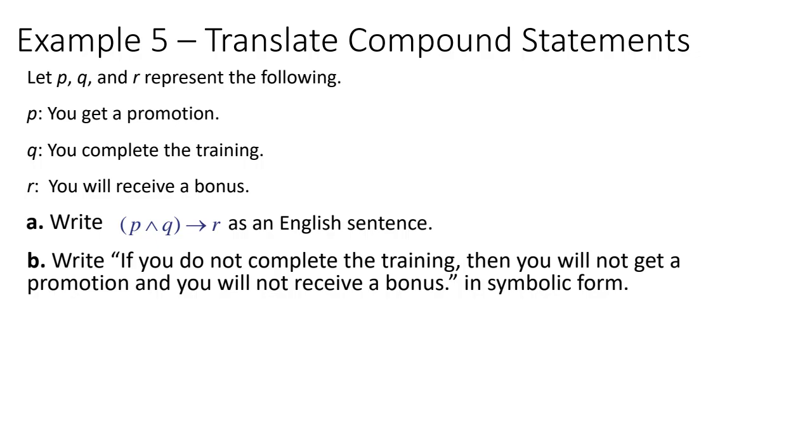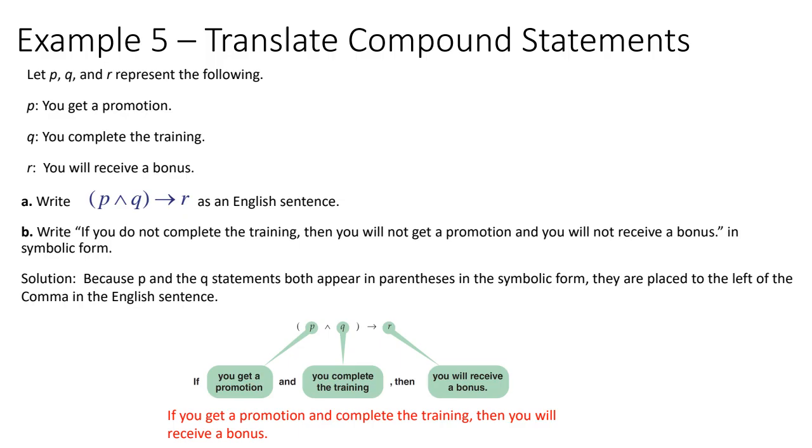The first instruction is A, write that statement, which is given in symbols, as an English sentence. Notice that P and Q are inside a parenthesis, so that means we have a group there. When I write it, I'm going to put a comma there. I wonder if you can see this because it's a little bit small on my screen.